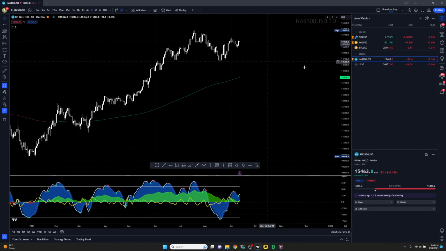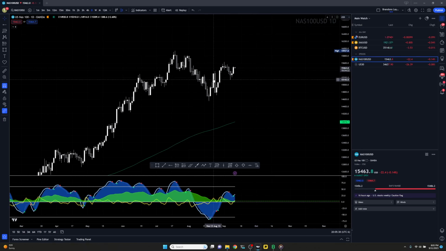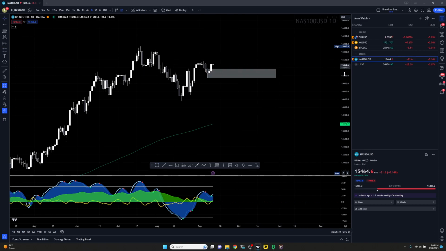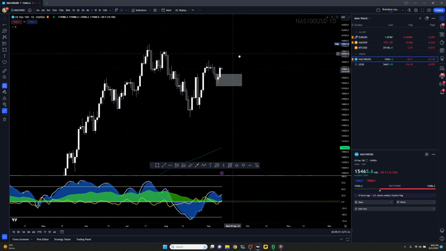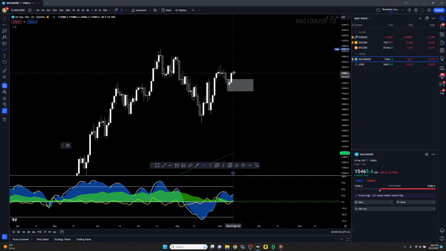NAS 100, bullish for sure. Look at this break, right? Starting to come and break back up. So we just had this recent demand created. Maybe we see price go like that.